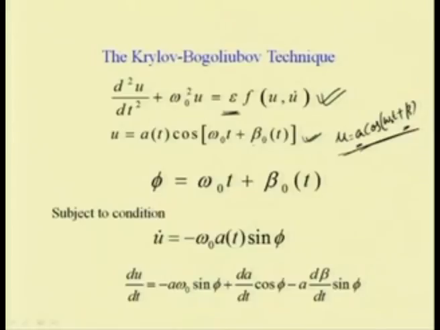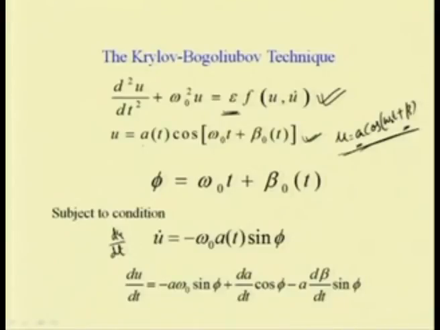In this case, Krylov and Bogoliubov propose that this will be the solution, that is u equal to a(t) cos(omega 0 t plus beta(t)), subjected to the condition that u dot will be equal to minus omega 0 a(t) sin phi. That means, this differentiation is assumed in this form, because it is assumed that a dot equal to 0.